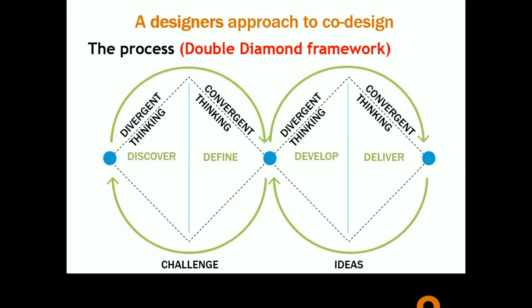So that's just to give you an idea about how designers think about doing work. And it is slightly different to our framework that we talked about, which was a little bit more systematic and step by step.